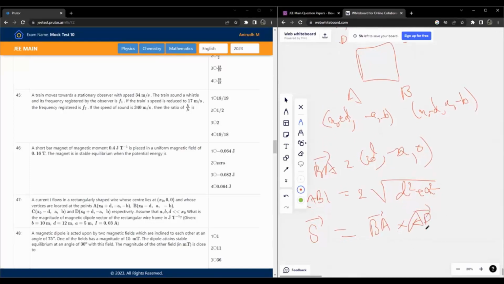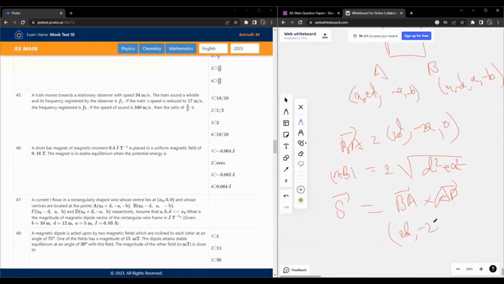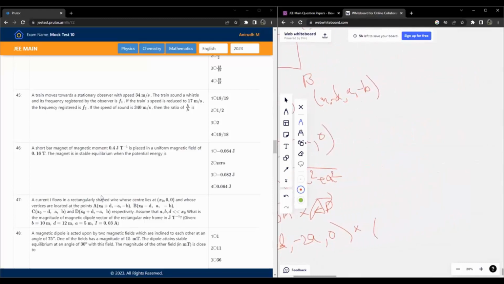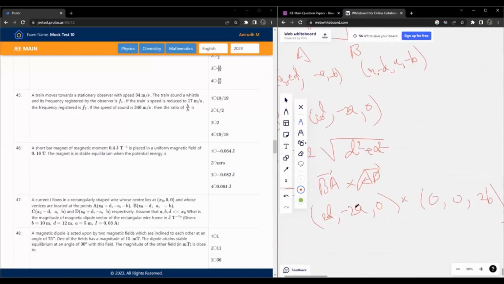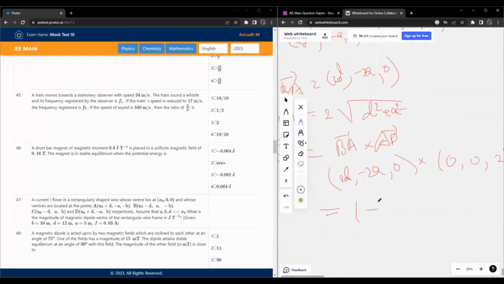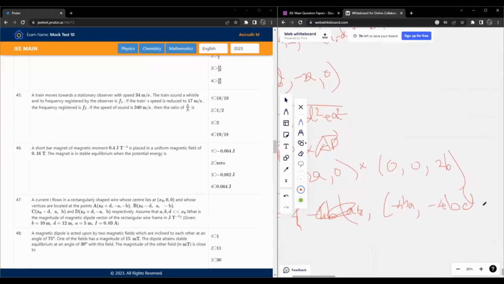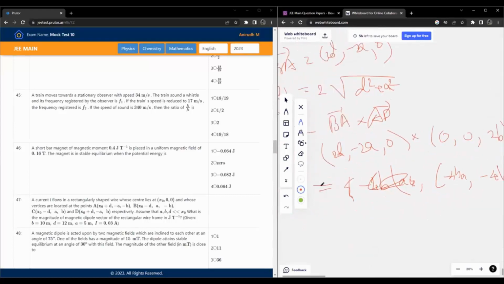So this is basically 2d, minus 2a, 0, cross AD, which is d minus a, that is 0, 0, which is the vector minus 4B times A, comma, wait, this is basically minus 4ba, minus 4bd and 0. So that is your areal vector.